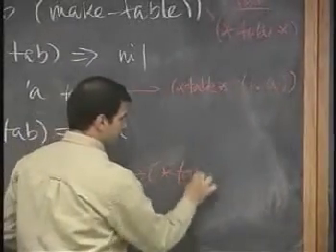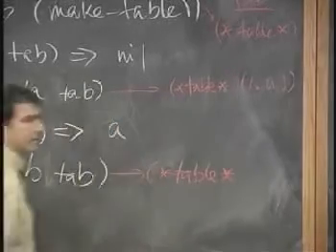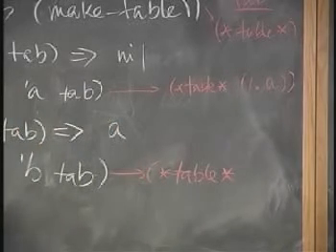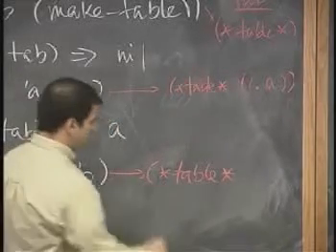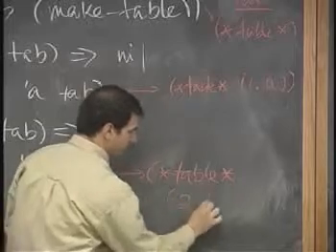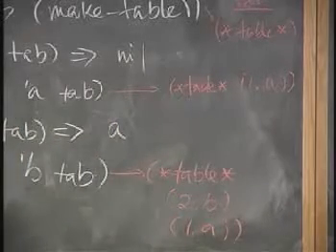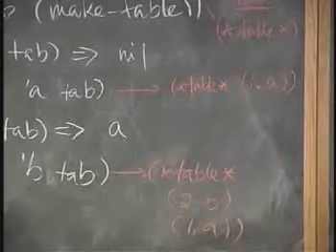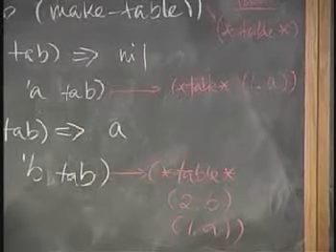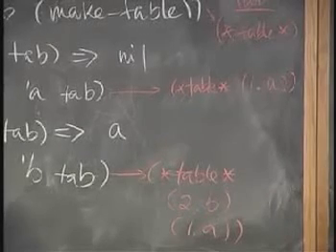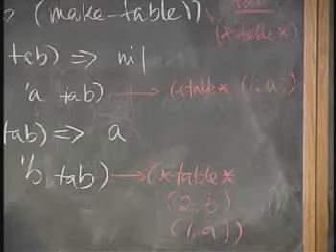Star table star. We said that things get added in reverse order. So this will be 2.B and 1.A. Clear enough? Good. It's tables.